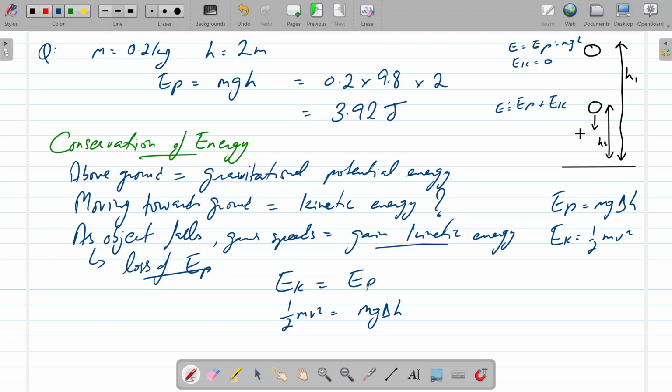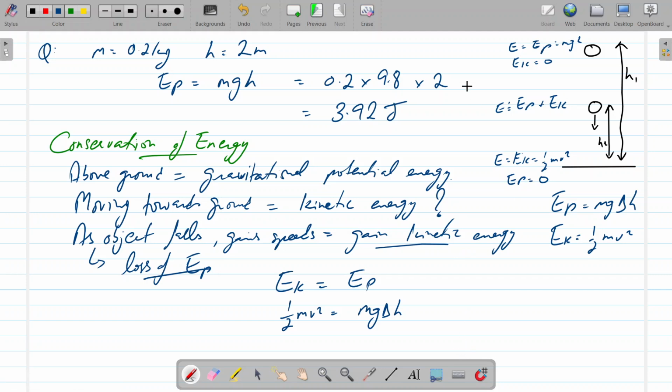And then when it reaches the ground, all the energy is kinetic energy because it is at its maximum speed, which is half mv squared, and because it is at the ground, potential energy is 0.